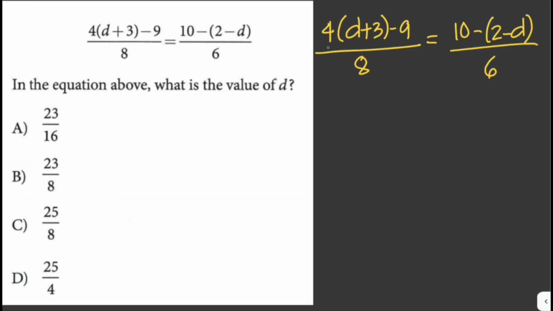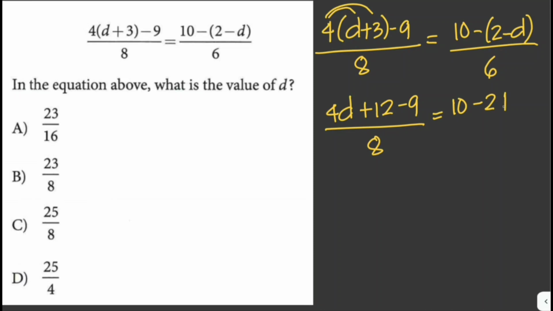We can simplify 4 times d plus 3. We multiply 4 to the expression inside the parentheses, so that is just 4d plus 12 minus 9 over 8 equals 10 minus 2 plus d over 6.